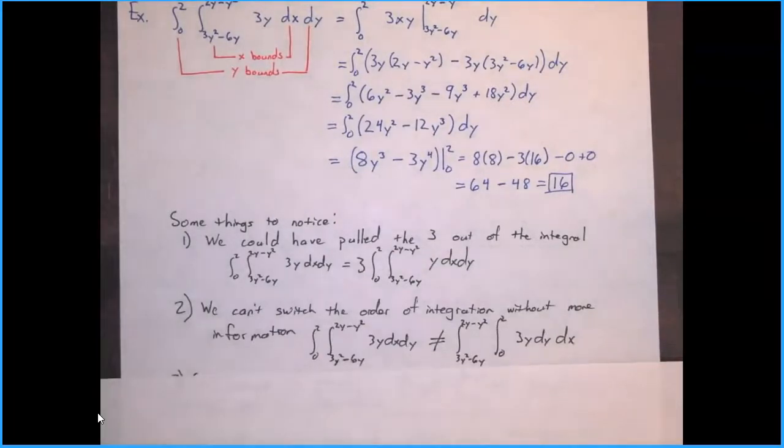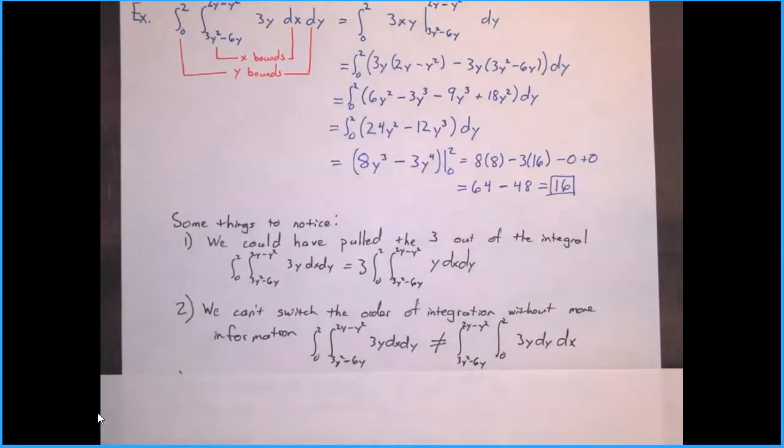We can't switch the order of integration, so this is what I was saying earlier when I was talking about Fubini's theorem. We can't just switch the order of integration without having more information about our region, right? So if this is our integral, I can't just switch my bounds and say, okay, I'm going to integrate with respect to y first. Because what's going to happen? If I integrate this with respect to y, I think if you do this integral, you get 6. So then I would be integrating 6 with respect to x.